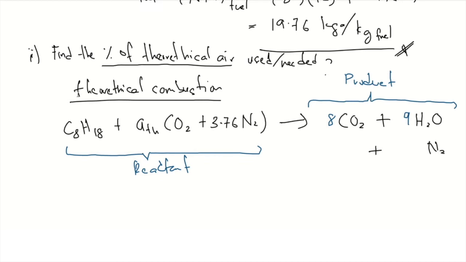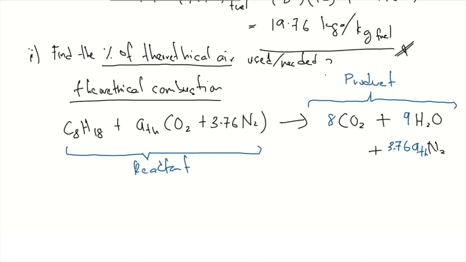And for N2, it's going to be 3.76 multiplied with ATH, so 3.76 ATH. So that's how theoretical combustion looks like.